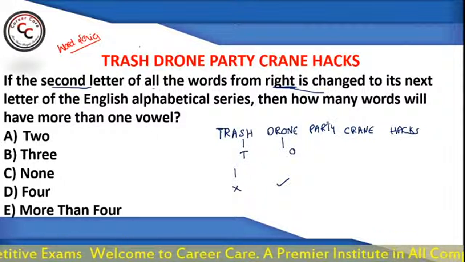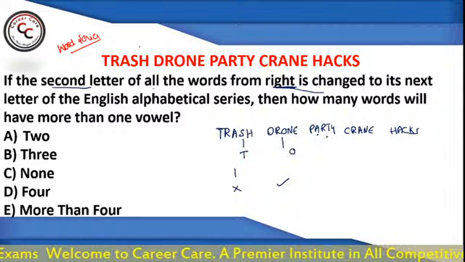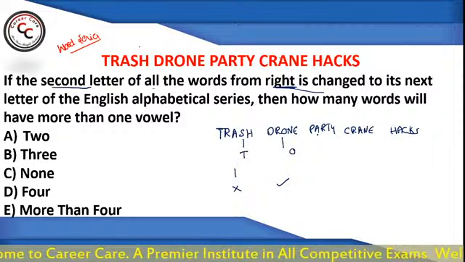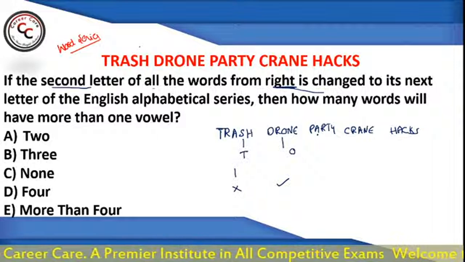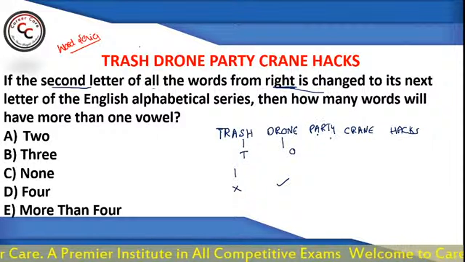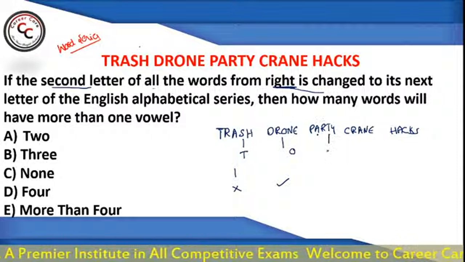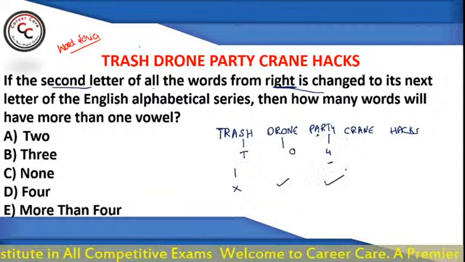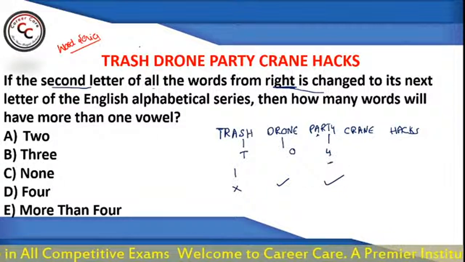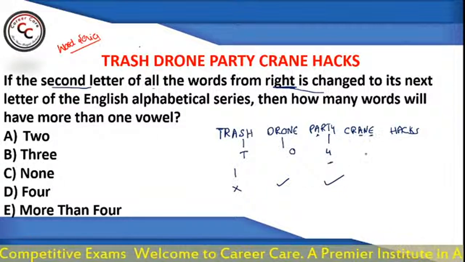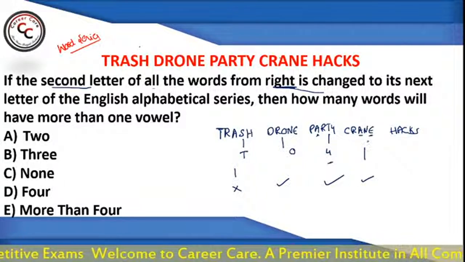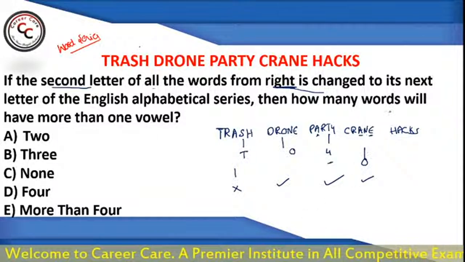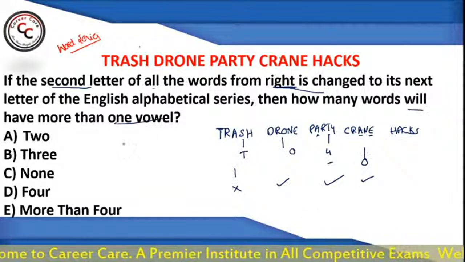Party consists of one vowel A. If I go to the last letter T, the next letter becomes U. So here I have A and U, which are two vowels. Fine, no problem. Similarly, crane. Crane already has two vowels, so you can take this combination also. N next letter becomes O, simple, so I will have three vowels. I want more than one, no problem.